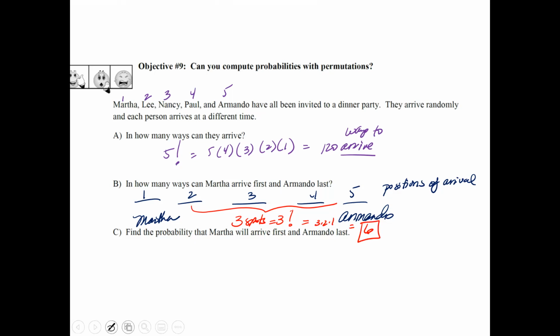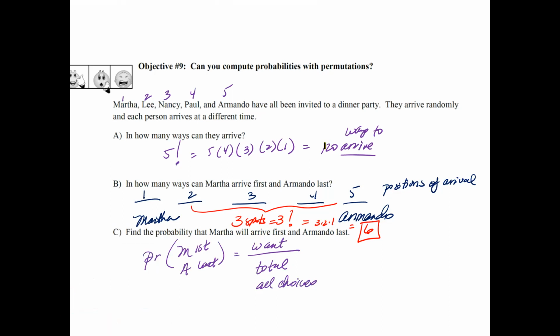C. Find the probability that Martha will arrive first and Armando will arrive last. The probability is going to be your want over your total, or all choices.